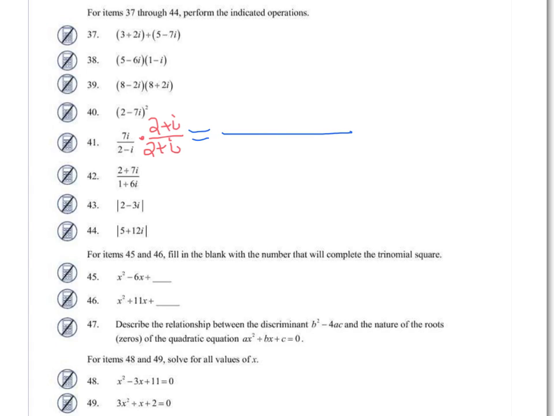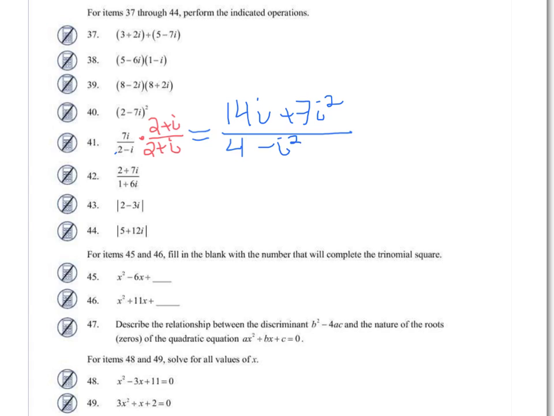So in the denominator, we've got 4. Because they're conjugates, the middle i terms are going to cancel out. When I multiply 2 times i and negative i times 2, that adds to 0. So then the last piece is going to be minus i squared. And then in the numerator, we're going to multiply 7i times 2 and 7i times i.